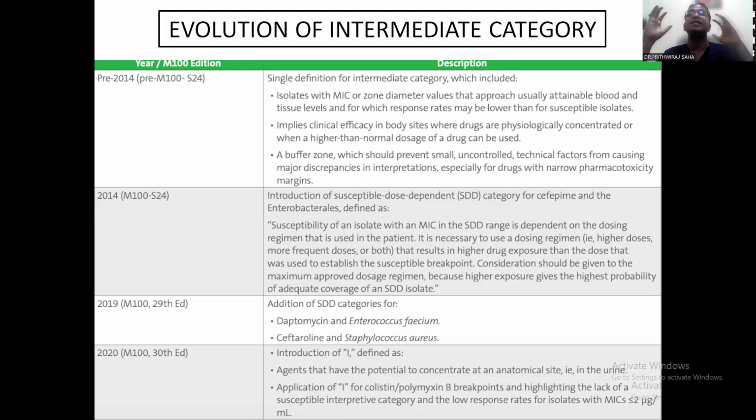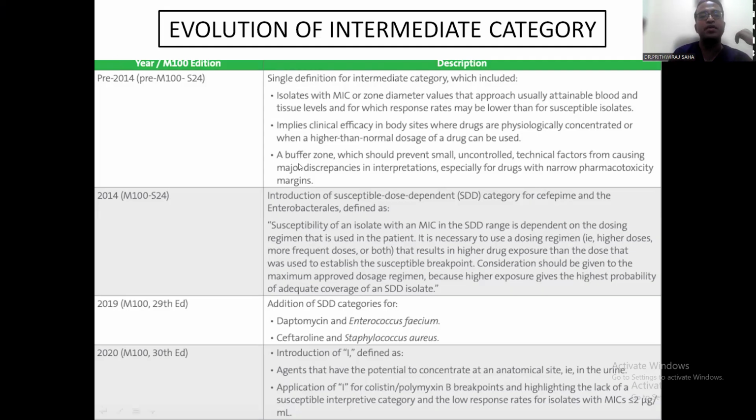So there are certain drugs which come out through the urine. If we give those drugs and the drug is in the intermediate category, then we can expect a success of treatment.